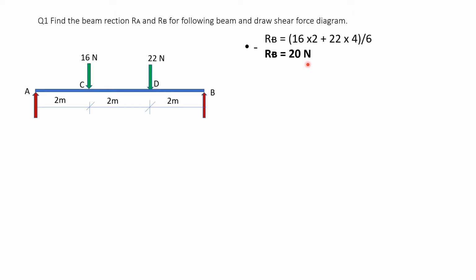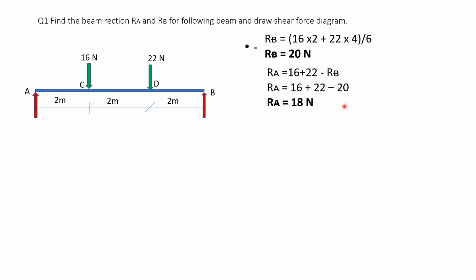Now let us see how we calculate RA. RA will be equal to, what we do is the forces which are going down we take as positive and the force which is going up, that is RB, we take as negative. Now 16 and 22 going down, so plus 16 plus 22, RB going up, minus RB. Substitute the RB value as 20 from here. So 16 plus 22 minus 20.